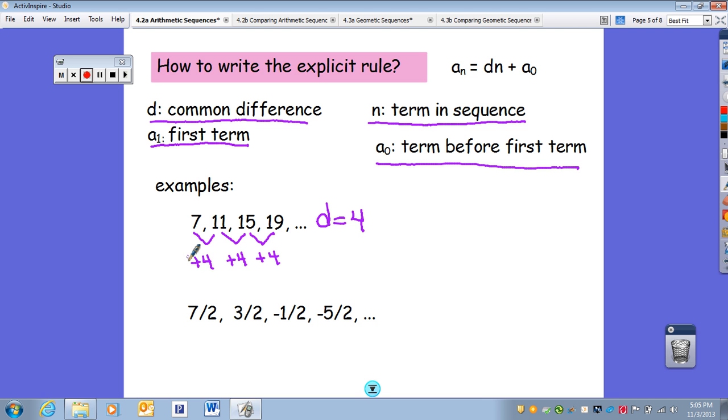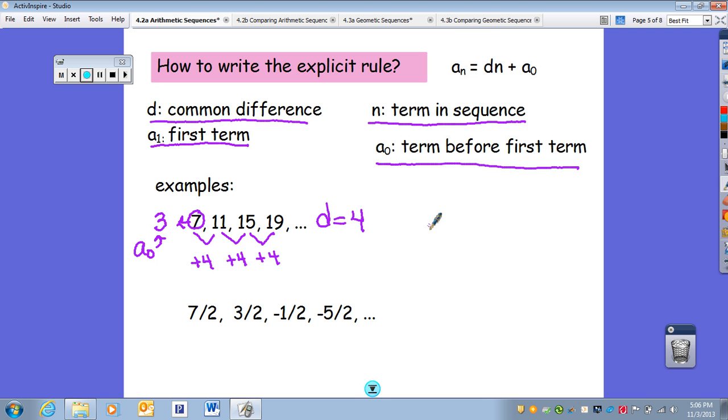The other thing I need to be able to create my rule is I need to figure out what number occurred before my first term. Well, that's easy to do because I'm simply adding 4 each time to get to the next number. So if I want to go backwards, I'm going to subtract 4. So 3 is going to be my term called a sub 0, which means it's the term before my first term.